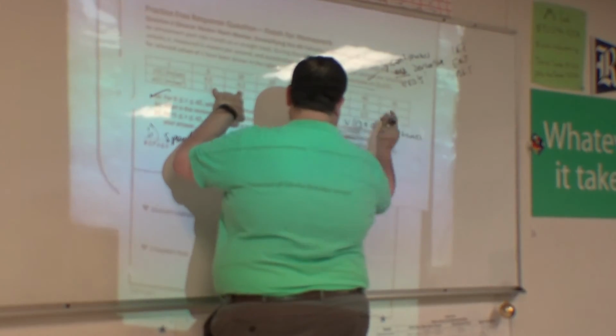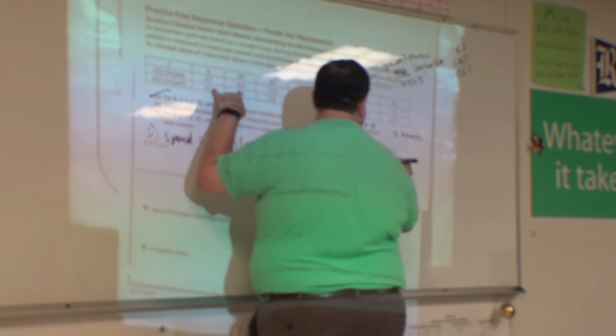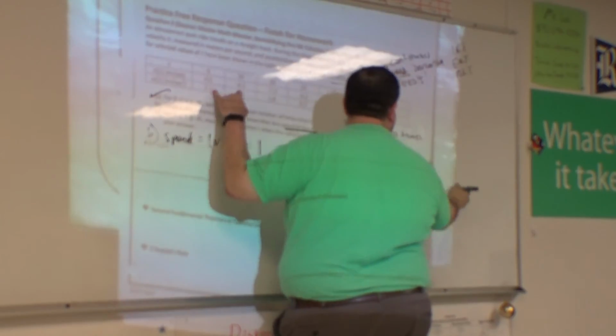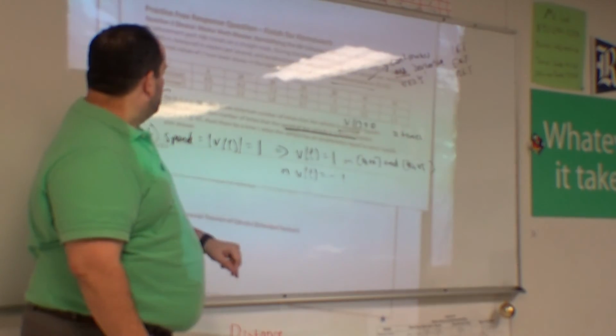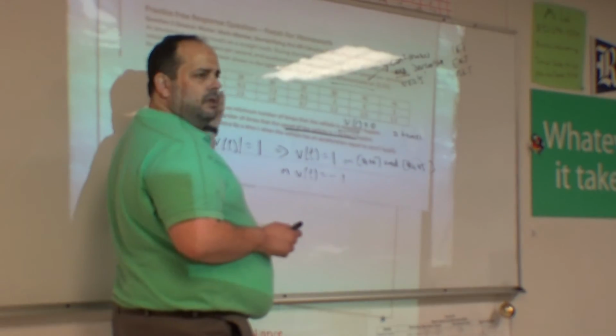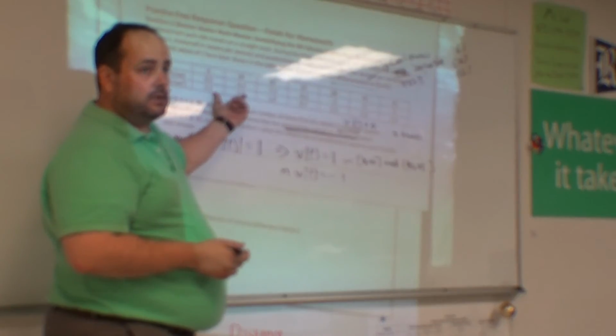From 40 to 45. So we could say on the interval 0 to 10 and on the interval 40 to 45. When's the velocity equal to -1? Right, actually on this interval again. Oh, sorry.